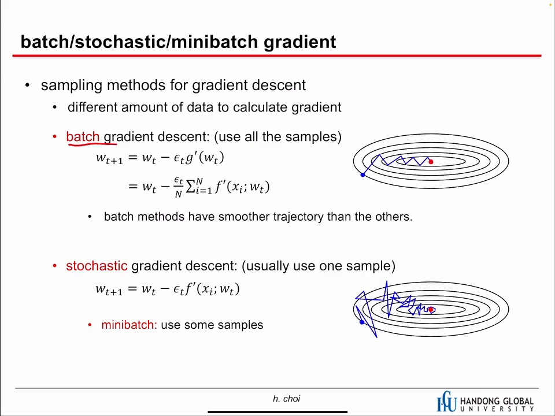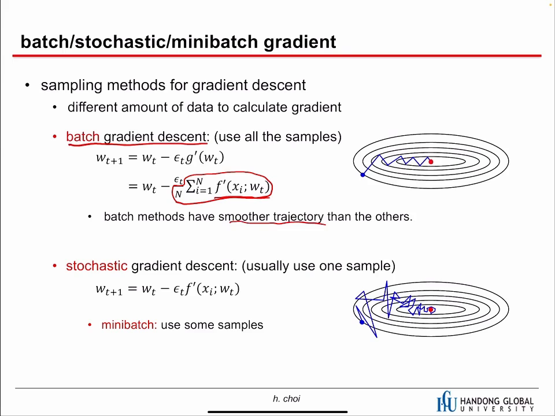That is the batch gradient. We calculate the gradient with all the samples and then take an average, and then with the learn rate, we update. So we use all the samples at the same time. That is good. Batch methods have a smoother trajectory than the others.